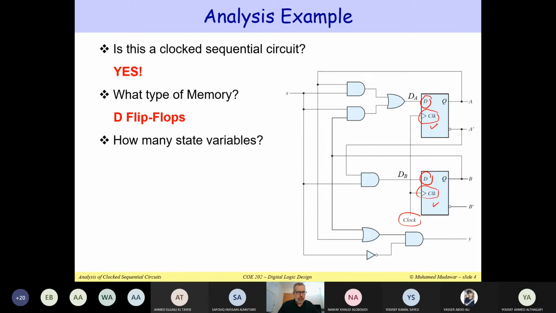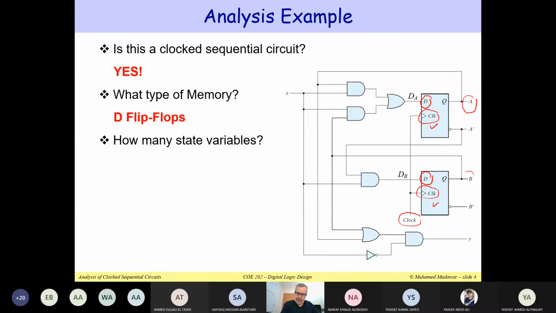Fine. The next question, how many state variables? The meaning of state variables here is how many flip-flops do you have? We have 2, right? Yes. Now, the state appears at the output of these flip-flops.